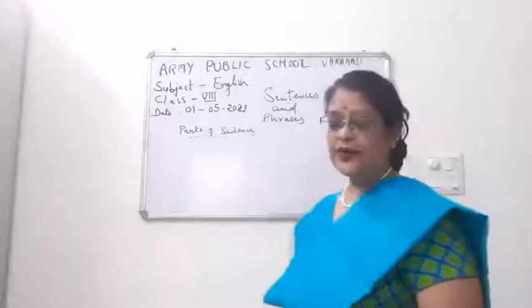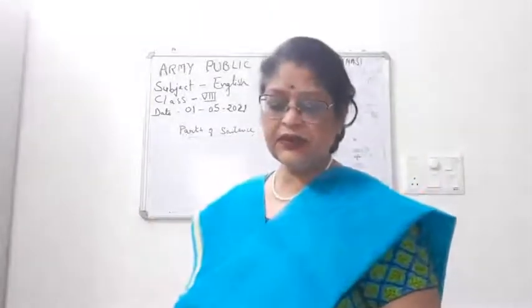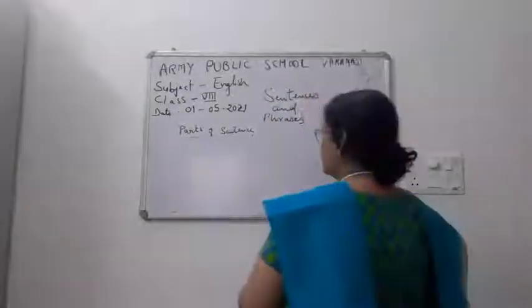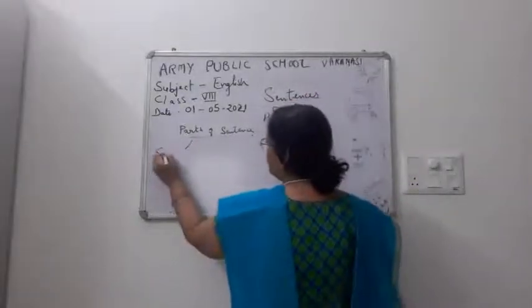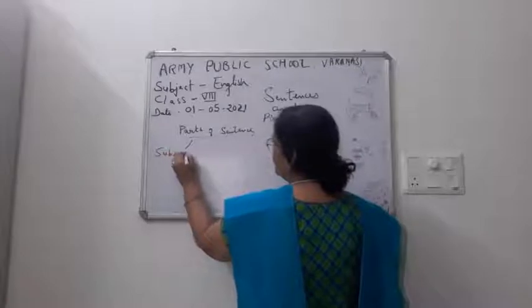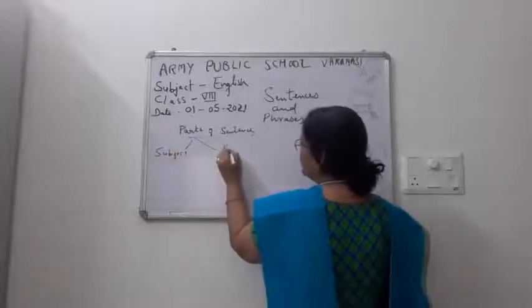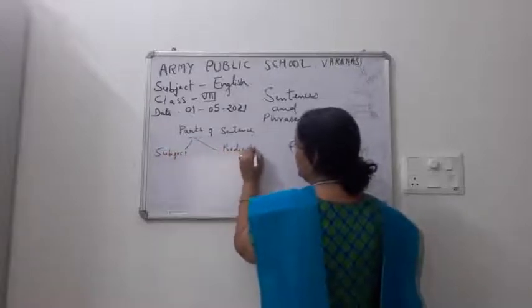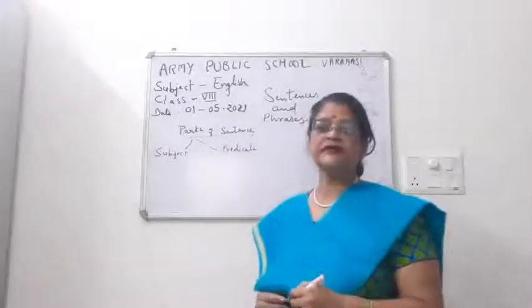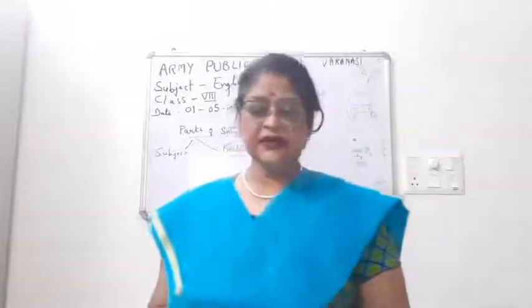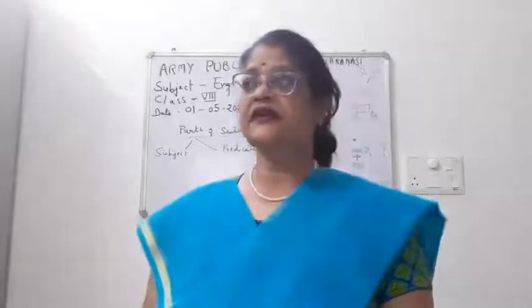So, there are two parts of sentence. One is subject and the other is predicate. So children, there are two parts of sentence. One is subject, the other is predicate.